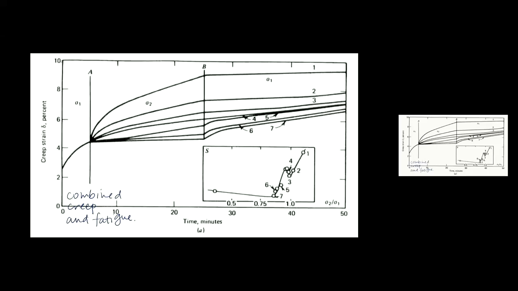So this is a nice chart that the textbook gives us to try to motivate any trends we could possibly find between low cycle or high cycle fatigue and creep strain. This is data from a lead alloy.